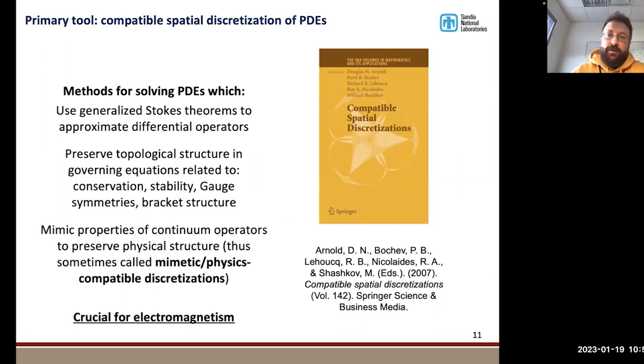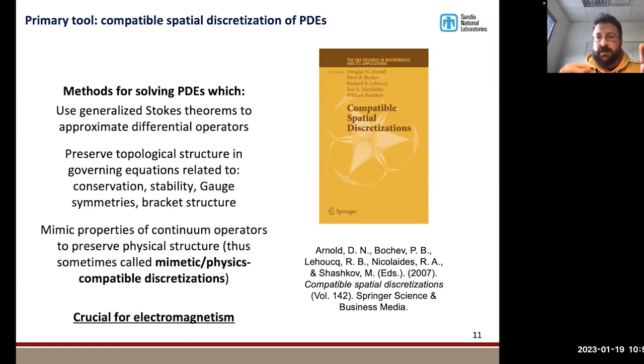So the primary tool that we use is compatible spatial discretization of PDEs. And so at a hand wavy level, these are kind of like advanced finite element discretizations, with the core idea that you build up your approximation to differential operators, or if you're going to approximate div, grad, curl, stuff like that, you actually use the Stokes theorem.